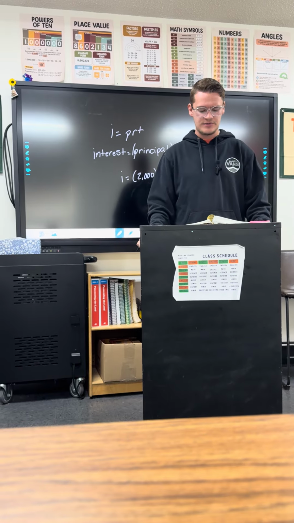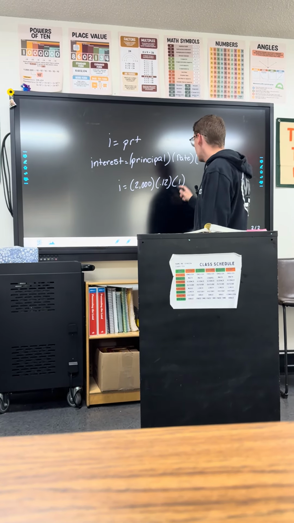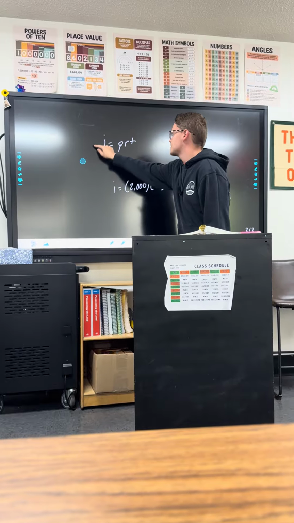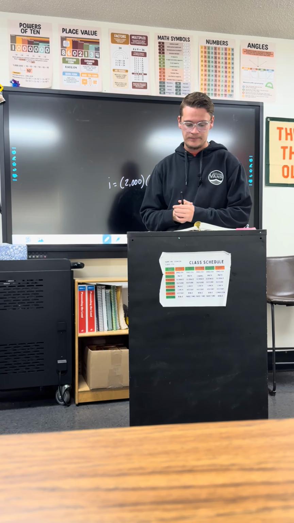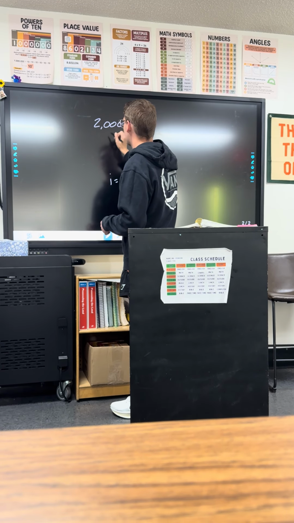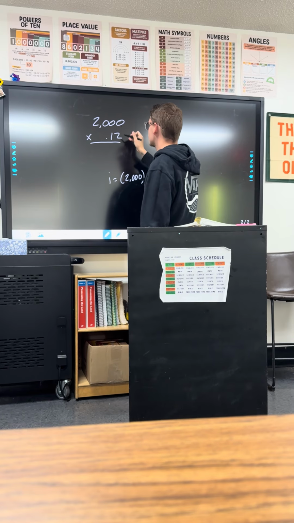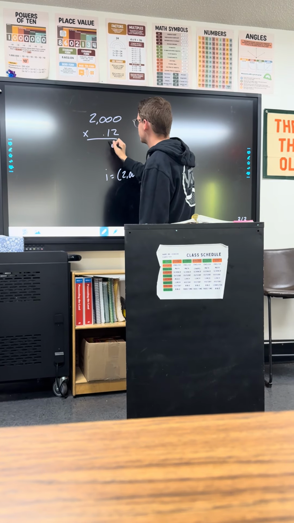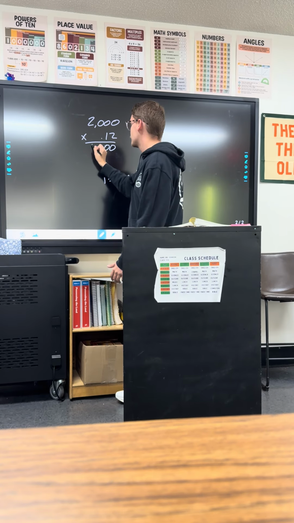And this may seem super crazy. I hope you're not stressing out right now. But it's going to be a pretty simple process as long as you follow your order of operations and the formula right here. First, I have $2,000 times 0.12. That should be super easy for you guys because you've done a lot of practice with it. Remember, start with this first one. 2 times 0 is 0. 2 times 0 is 0. 2 times 0 is 0. 2 times 4 is going to be 4.